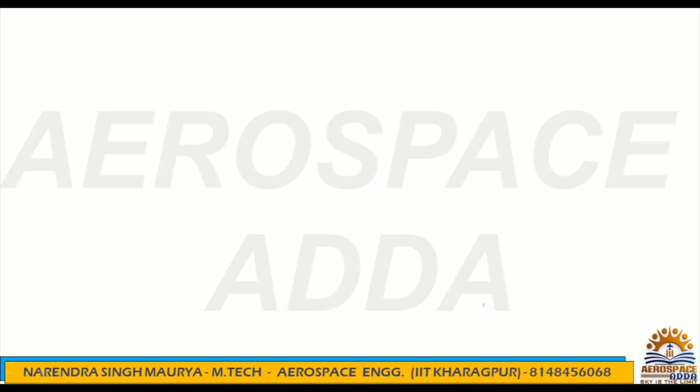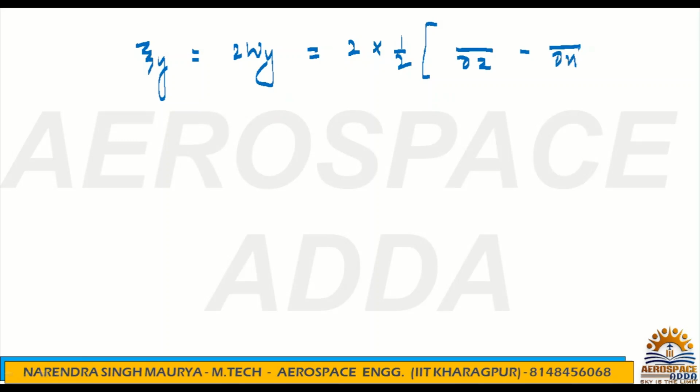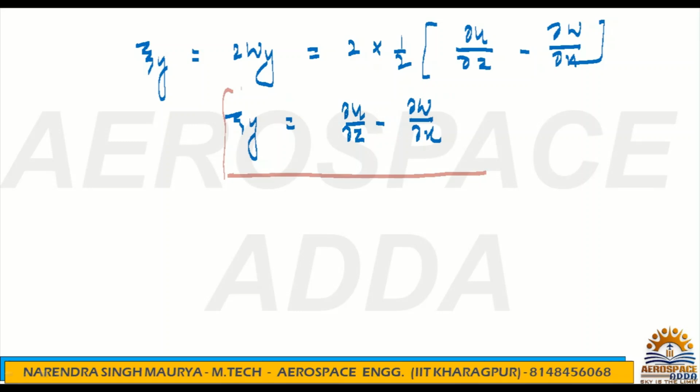Similarly, we can write chi y also. It is nothing but 2 times the angular velocity about y. So 2 into 1 by 2 into dou u by dou z minus dou w by dou x. The 2s cancel out. This is chi y, which is nothing but vorticity about the y-axis.